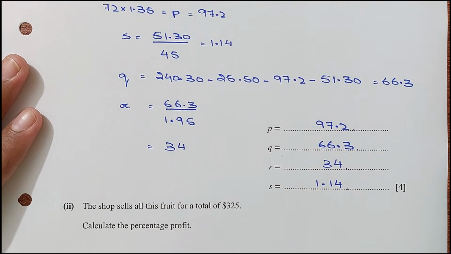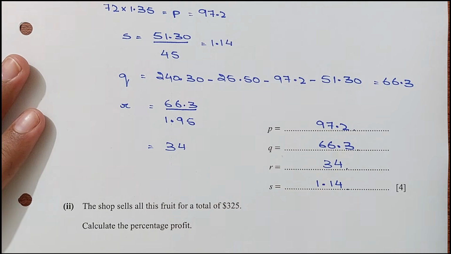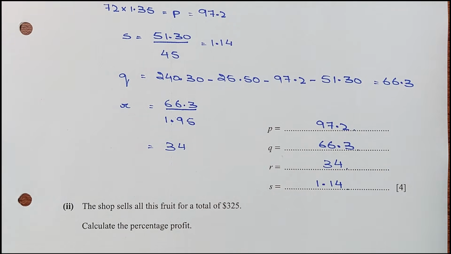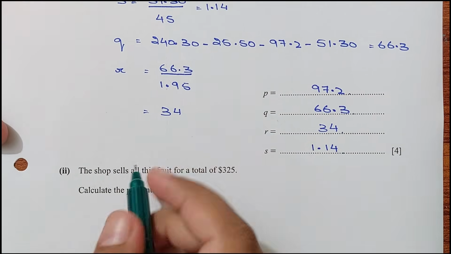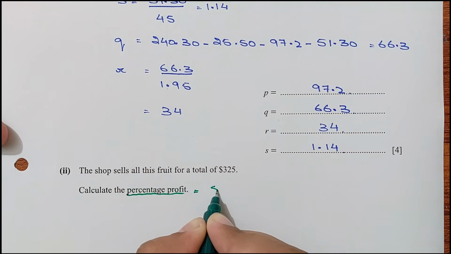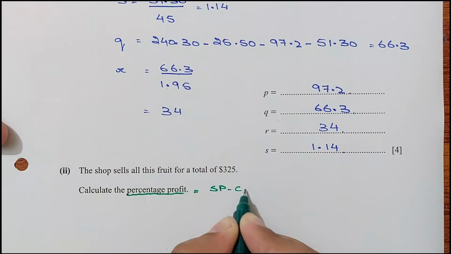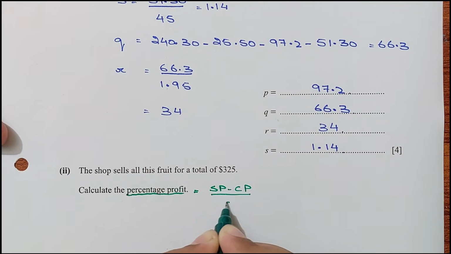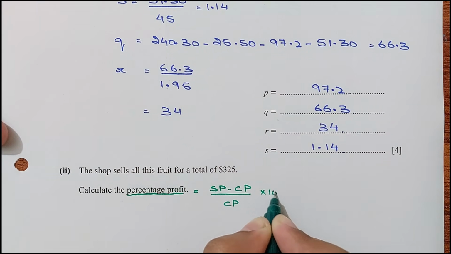Now for the second part, the shop sells all these fruits for a total of $325. Calculate the percentage profit. Let me use the formula: percentage profit equals sale price minus cost price, divided by cost price, multiplied by 100.